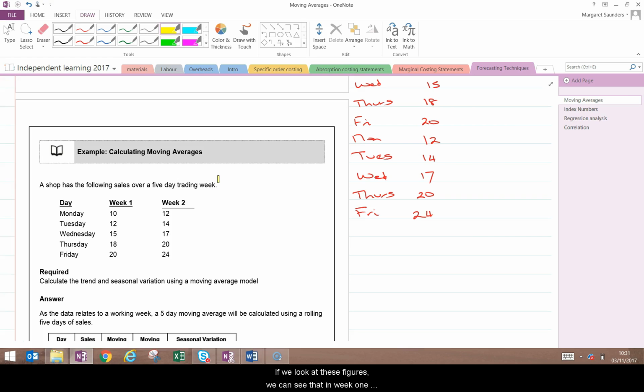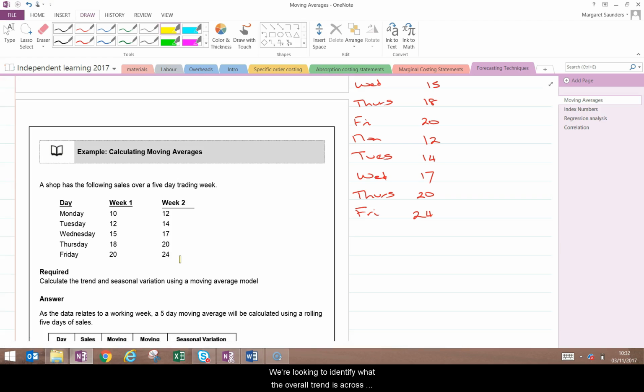Now if we look at these figures, we can see that in week 1 they have increased each day. Then they drop again at the start of week 2 and start increasing again. So we are seeing an increase in data, a drop, another increase in data.